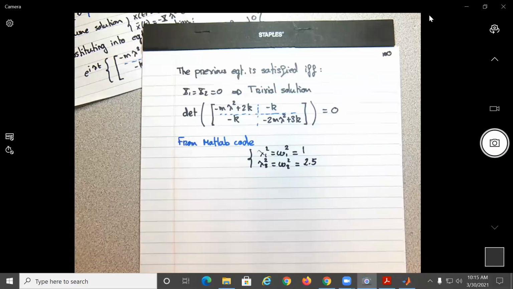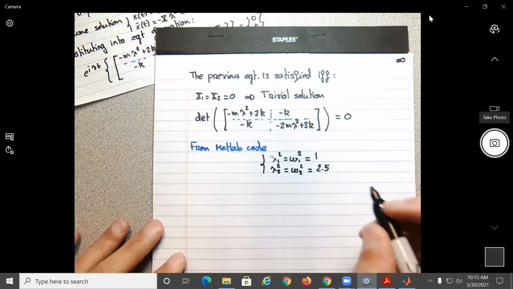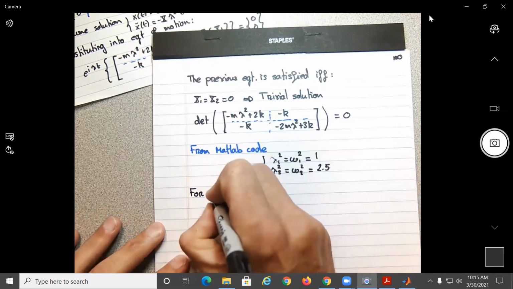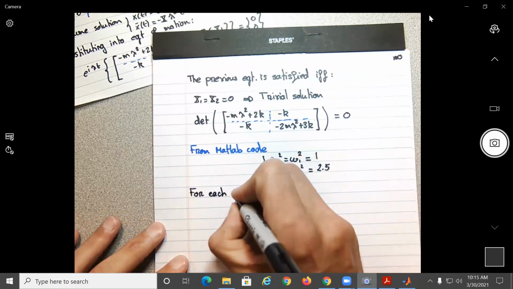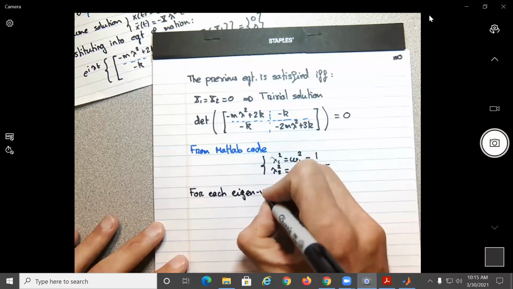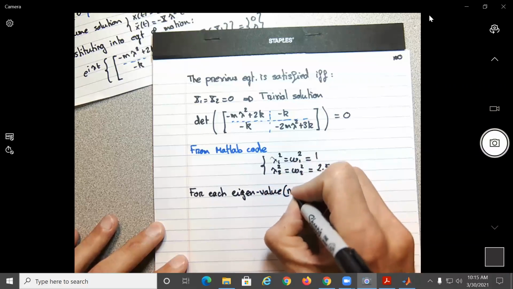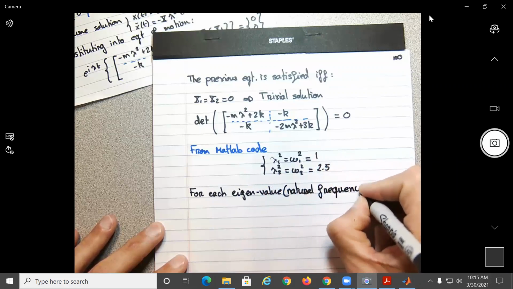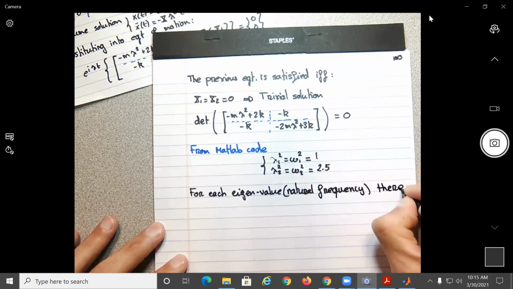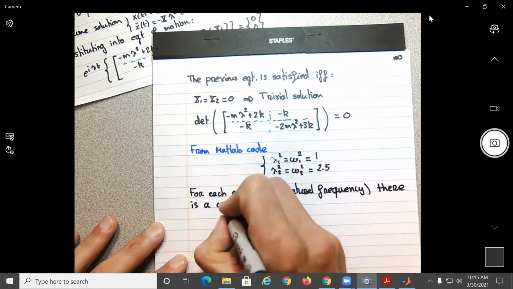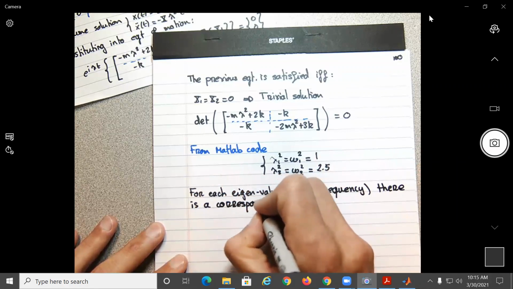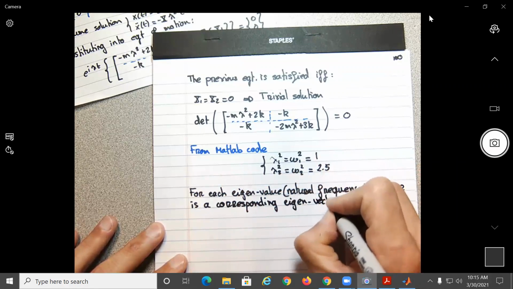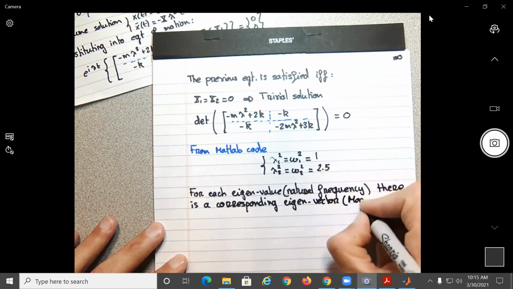All right, so I mean they're correct, but so now we said for each eigenvalue, which physically means the natural frequency, so for each natural frequency, which is the eigenvalue, there is a corresponding eigenvector, which is what I call a mode shape.